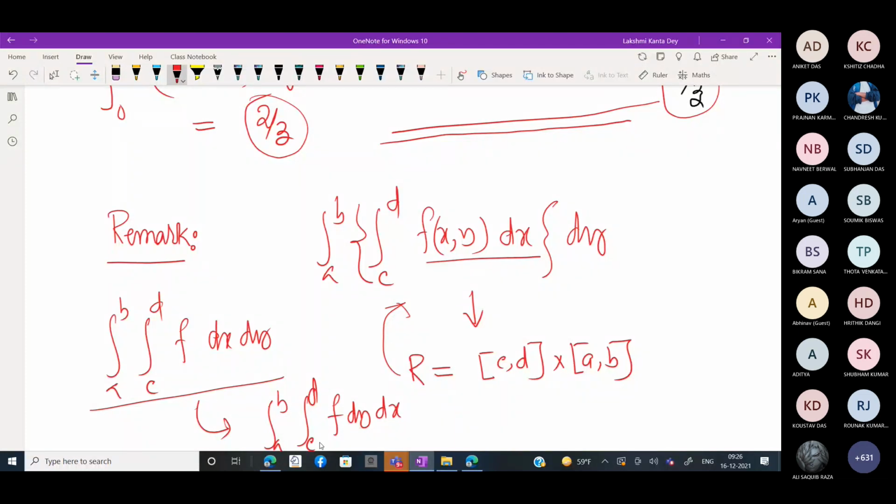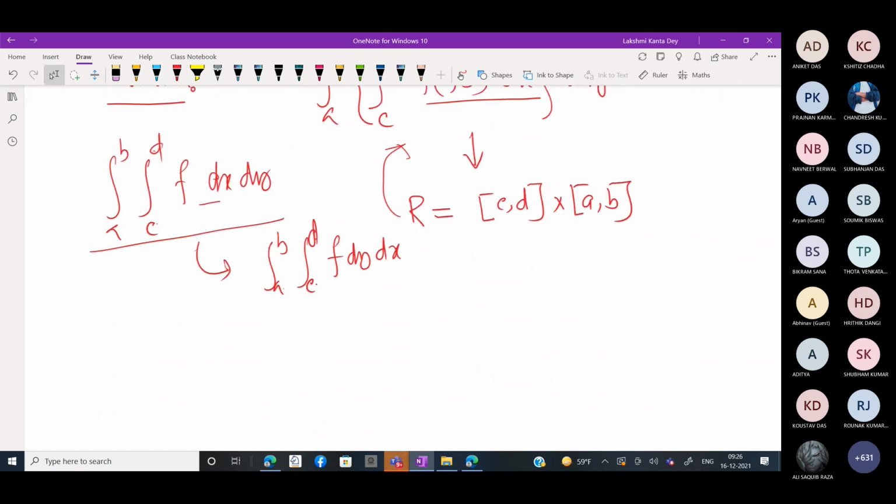Because in this case y is running from C to D and x is running from A to B, but in the other case the region of integration is different. X is running from C to D, y is running from A to B. So these two things are different. Whenever we write a repeated integral, we have to be cautious. Understand?